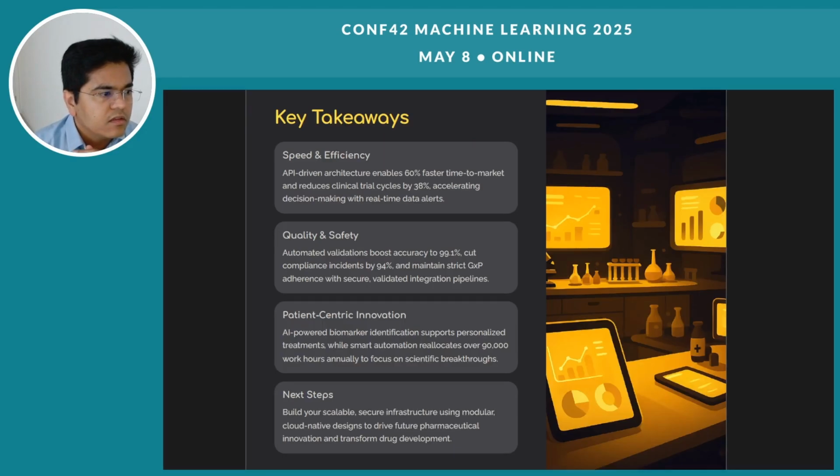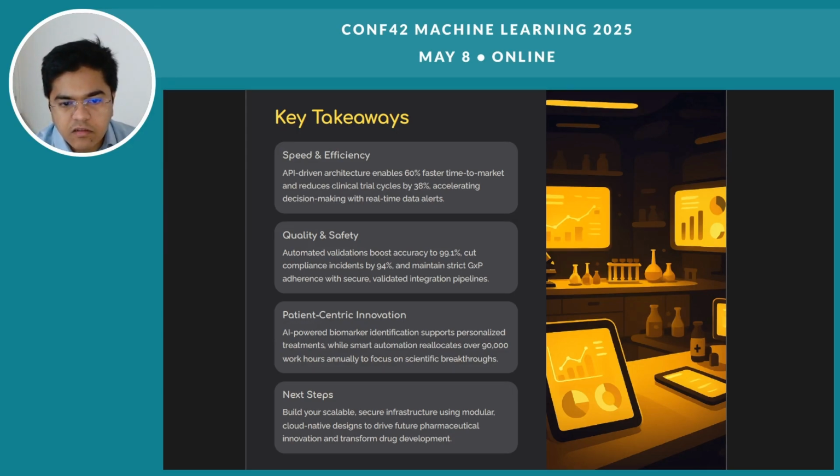So with this, the final takeaways are: speed and efficiency, APIs helped us cut time to market by 60% and reduce the clinical trial cycle by 38%. Quality and safety, automated validation improved accuracy by 99% and cut compliance issues by 94%.